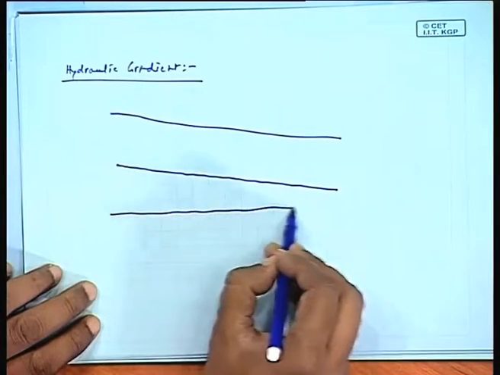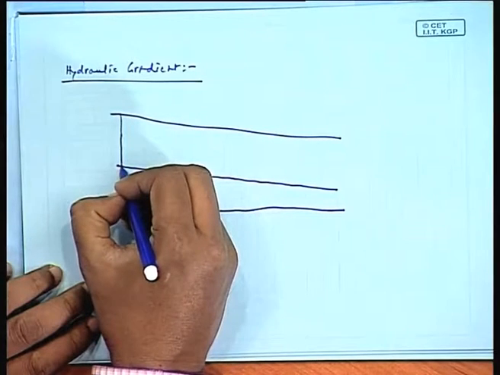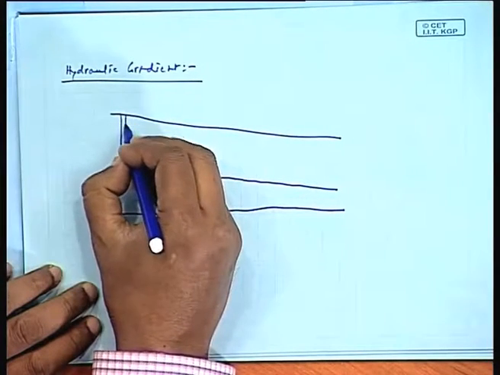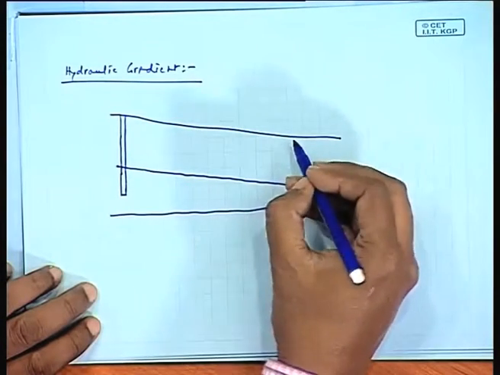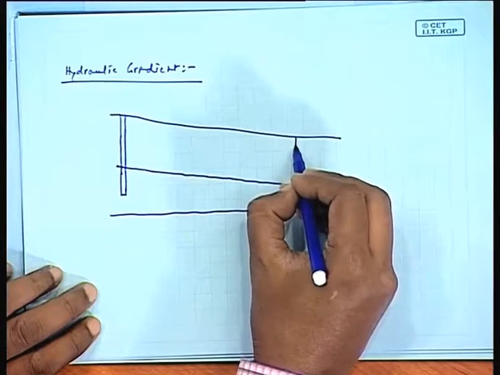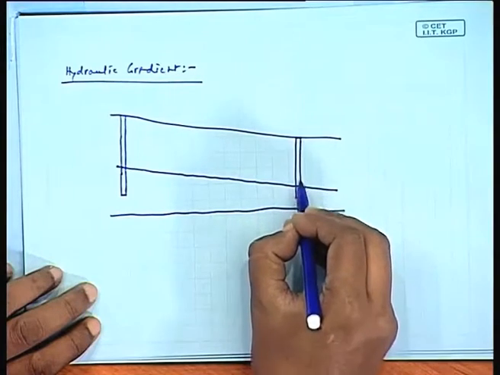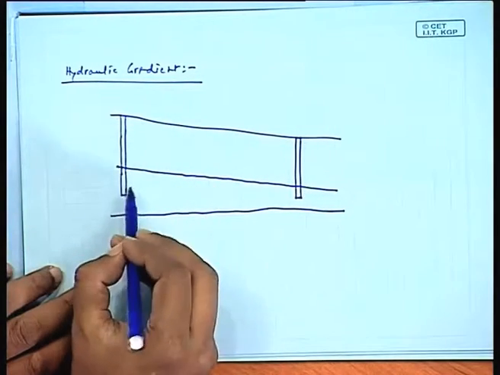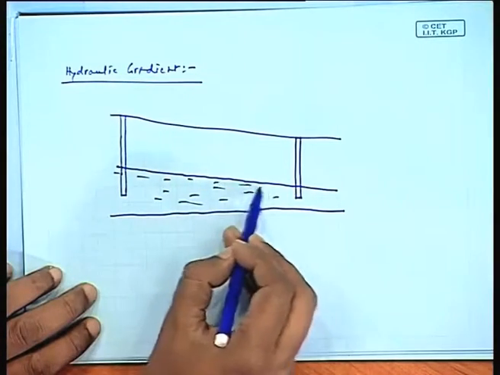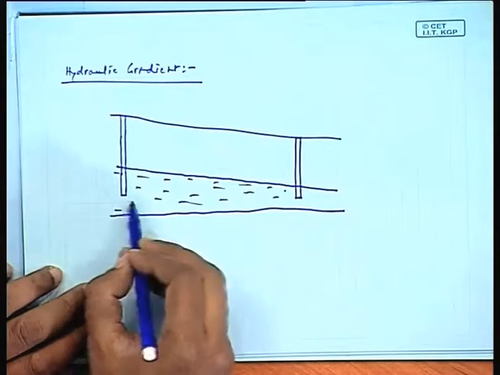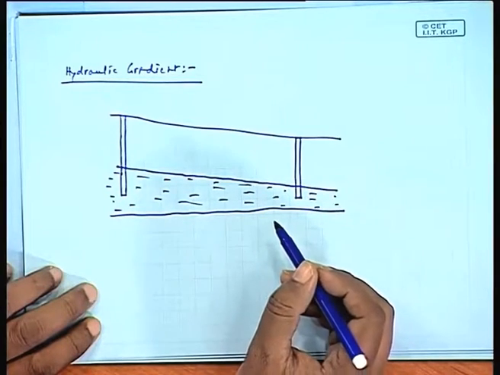This is the piezometric level of water we are obtaining in the structure. Here you see a piezometric level, and here also you get a piezometric level. This is the water being flown through the rock structure, so it is getting transported from the higher gradient side towards the lower gradient side.